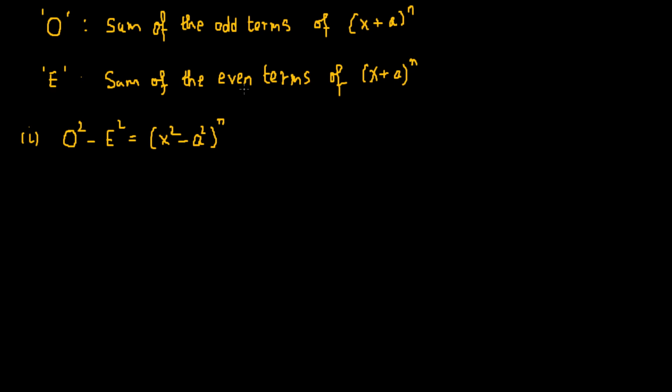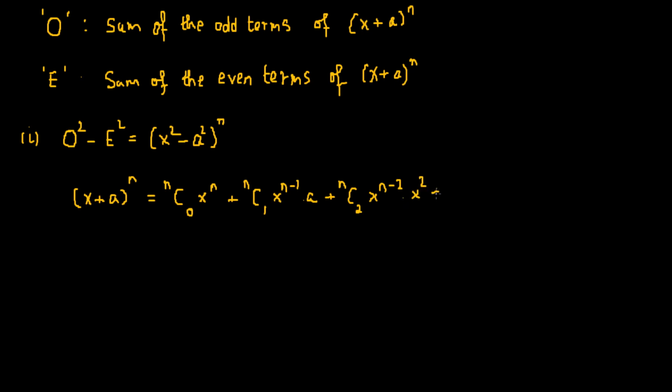So let's start with x plus a raised to the power of n. We know x plus a raised to the power of n is given by nC0 x to the power of n plus nC1 x raised to the power of n minus 1 times a plus nC2 x raised to the power of n minus 2 times a squared plus it goes on up to nCn x raised to the power of 0 times a raised to the power of n.